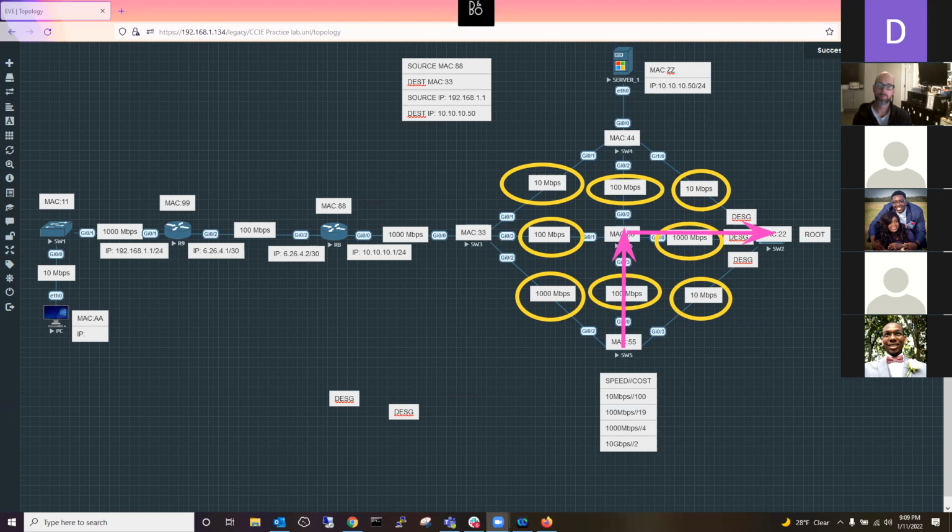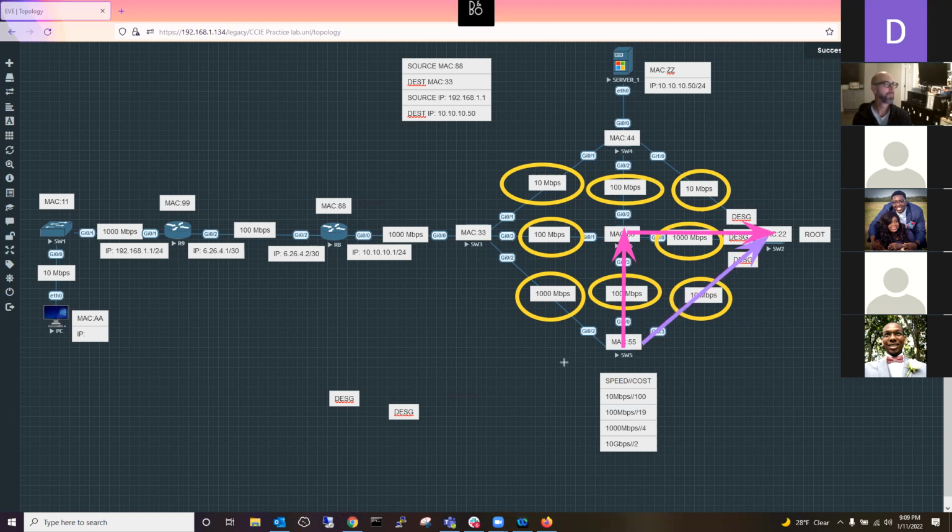Yes. Now let's take that right-hand turn, and we got a cost of 4 going from switch 6 to the root bridge, which gives us a total of what? 23. Okay. So we got 2 costs already. We got gig 03 with 100, and gig 00 with 23.